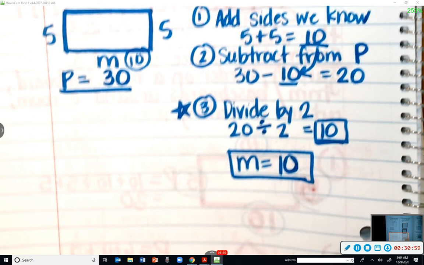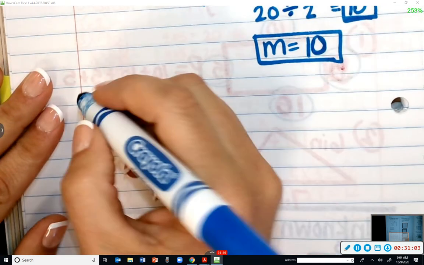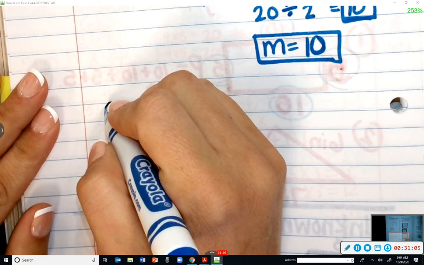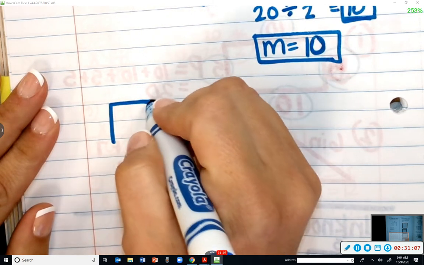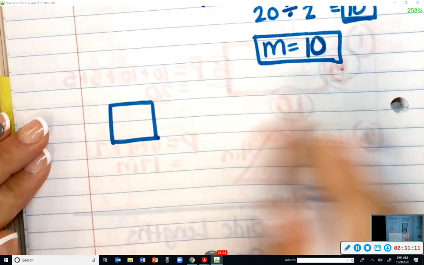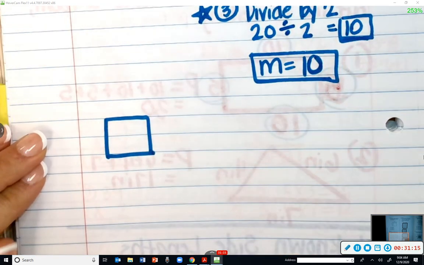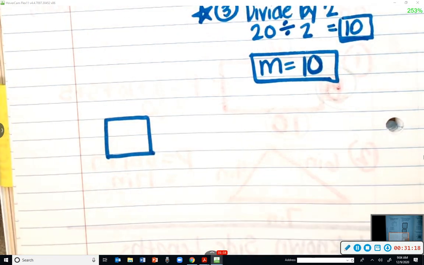Okay, one more thing that we went over today was a perfect square. So if I have a square, all the sides are the same, right? Yes. Okay.